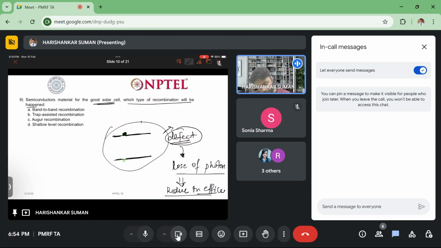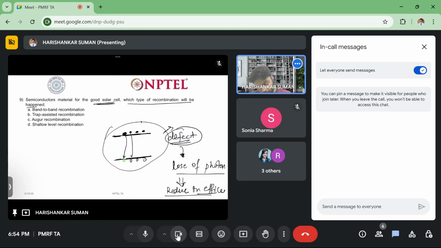This is electron, this is hole, electron, electron, electron, and hole. They can relax and recombine, electron to hole.